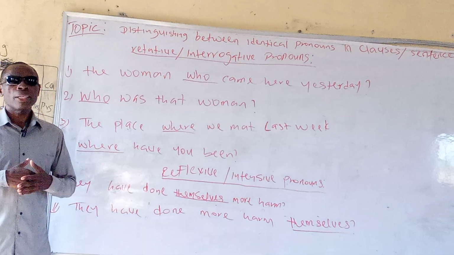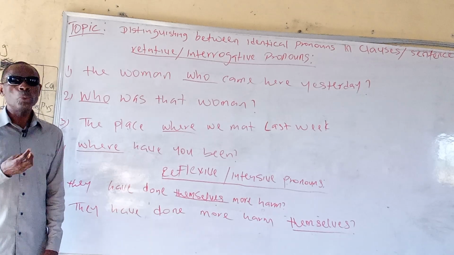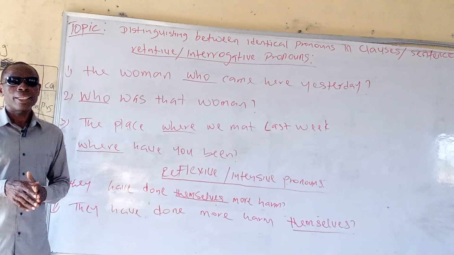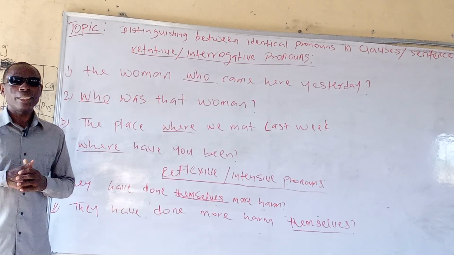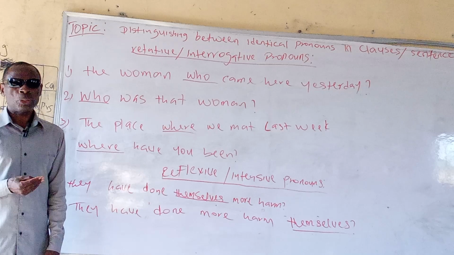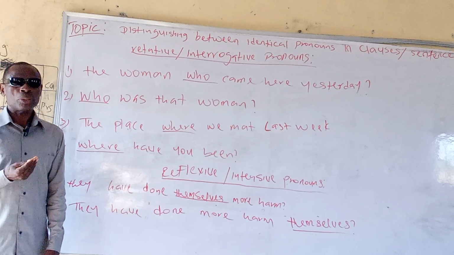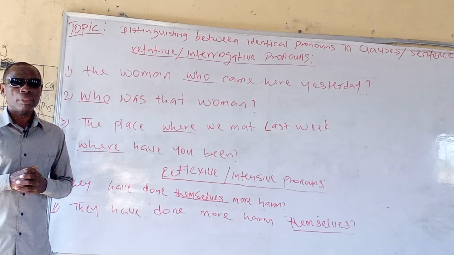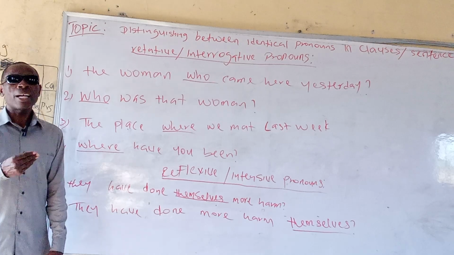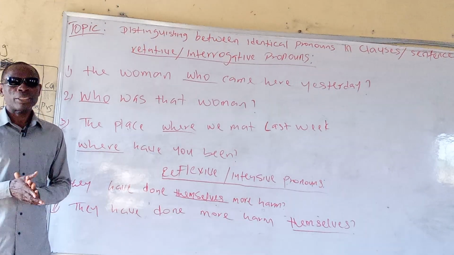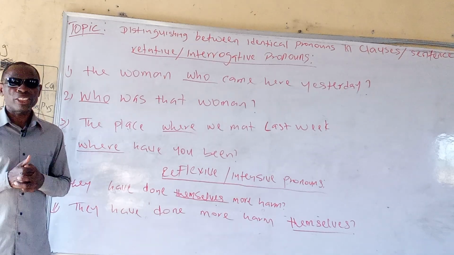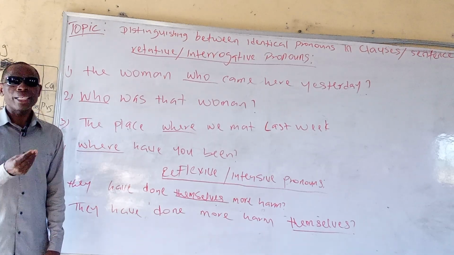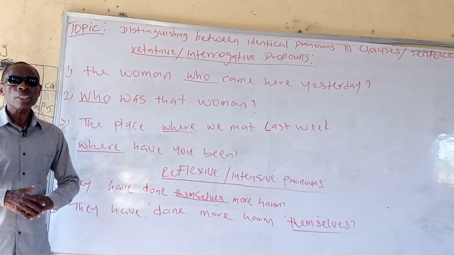For example, the pronouns who, where, that, which, etc. are relative and interrogative pronouns. The pronouns myself, himself, herself, ourselves, themselves are reflexive and intensive pronouns.